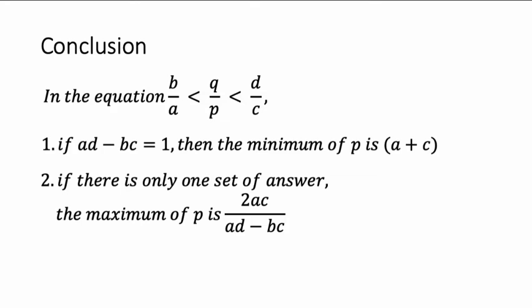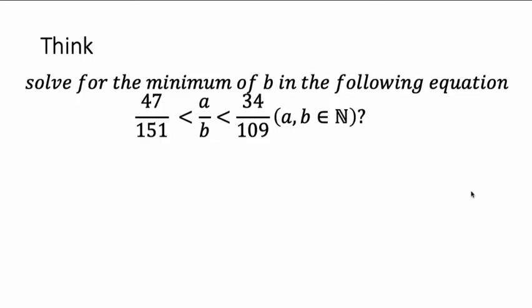And that's about it. Here's another problem that I want you to think about. It asks to solve for the minimum of b in the following equation: 47 over 151 lesser than a over b lesser than 34 over 109. a, b are positive integers.